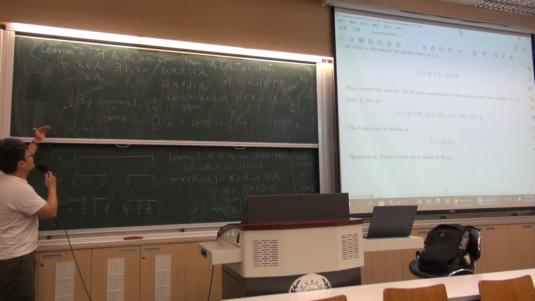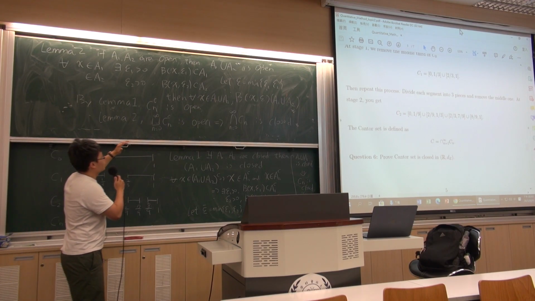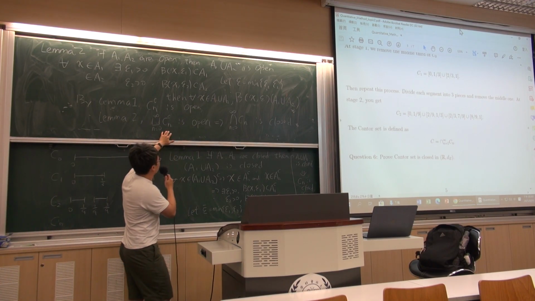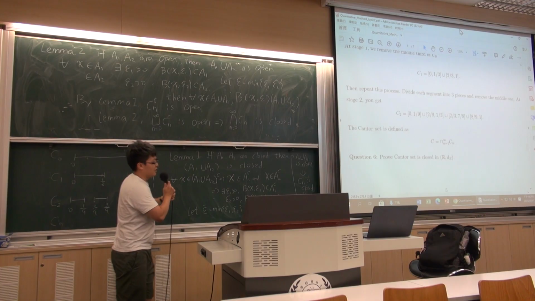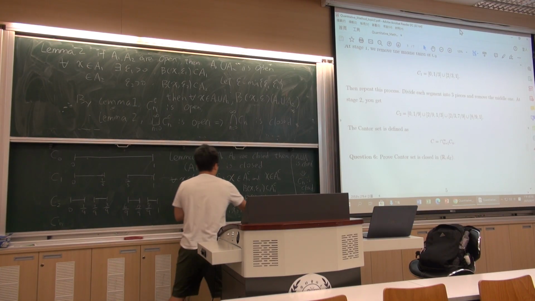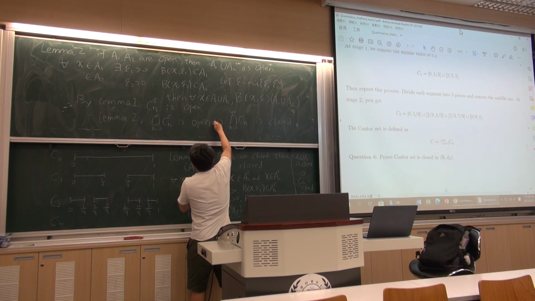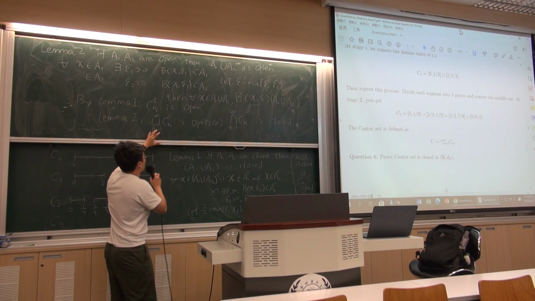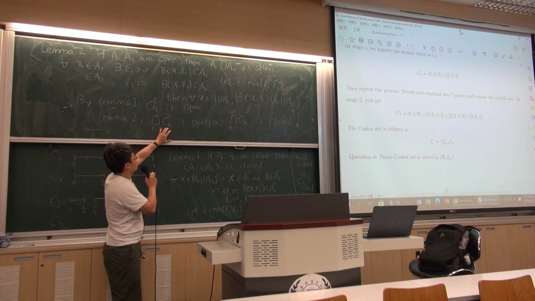The second step: the final goal is to show that this set is open, which is the union of several open sets. We already proved that the complement of Cn is open, right?